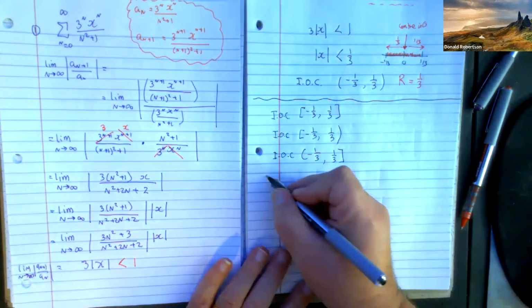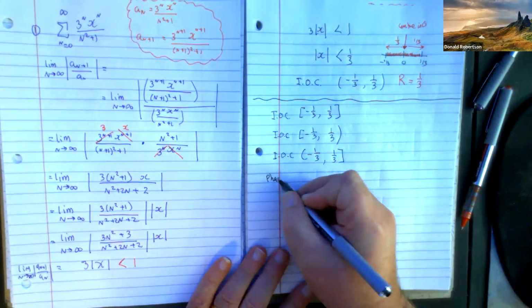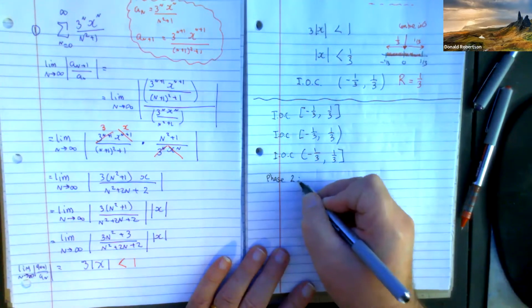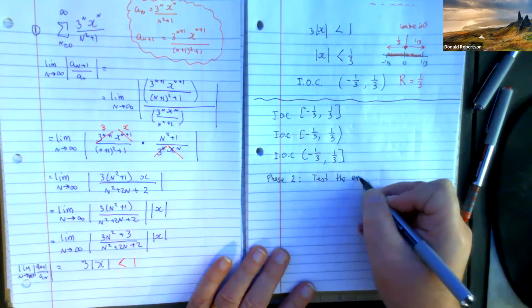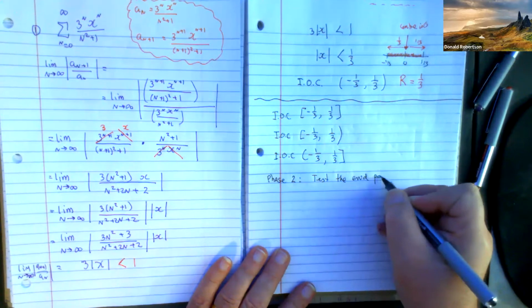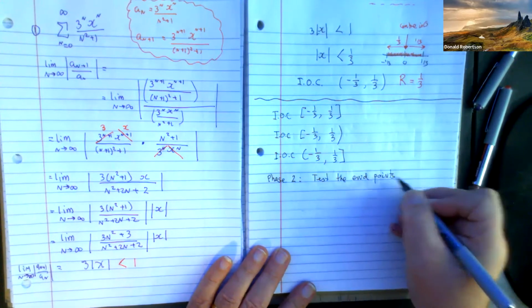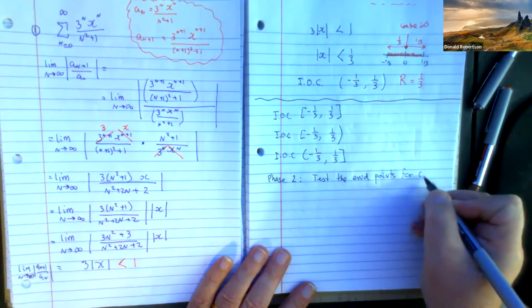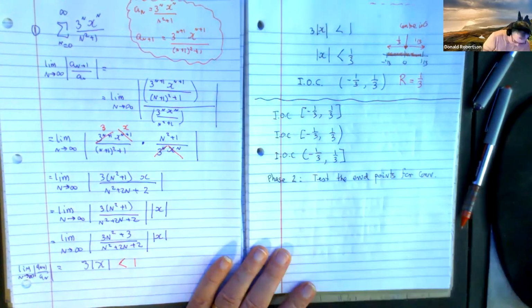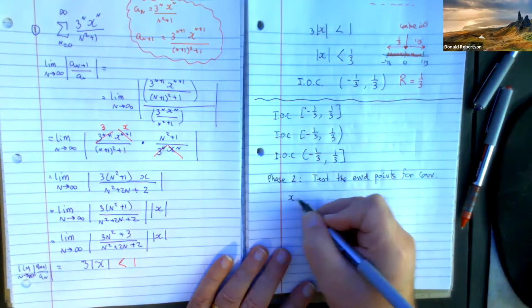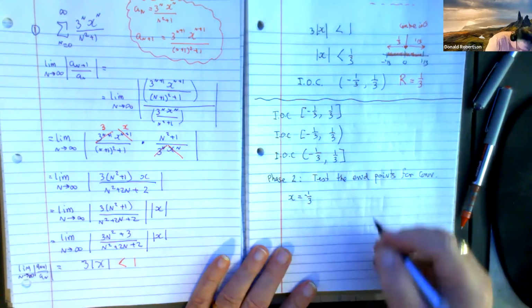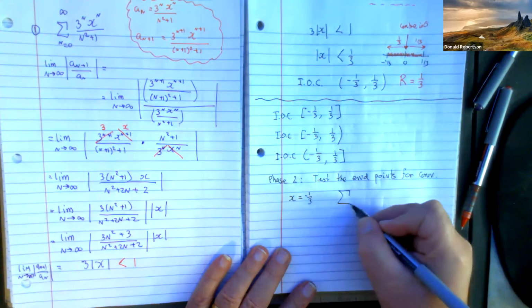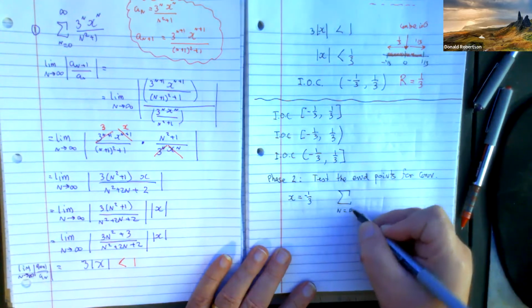So let's kick in with phase 2 now. And phase 2 is test the endpoints. First one I'm going to test is x is -1/3. The power series that we're going to test it on is this one.